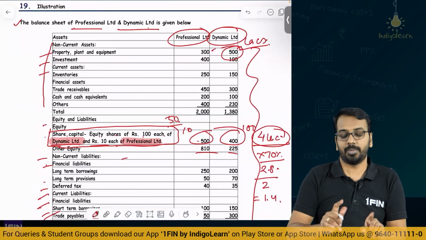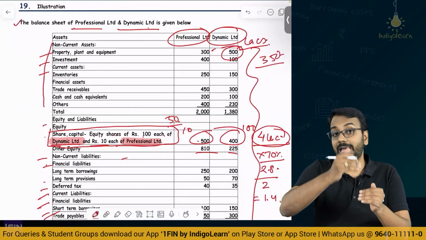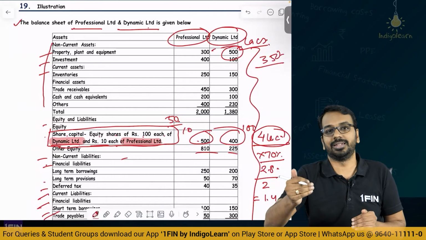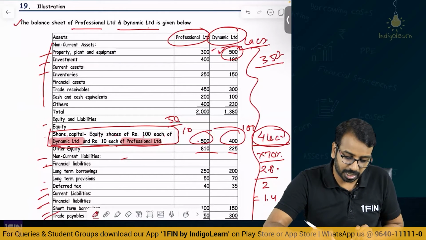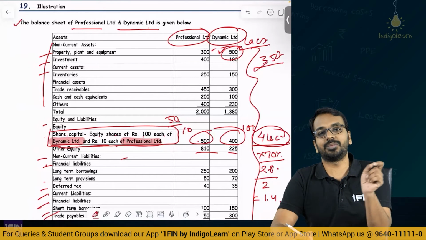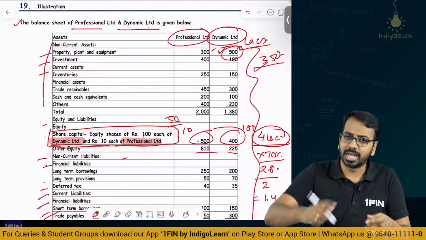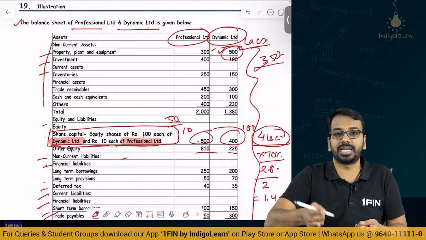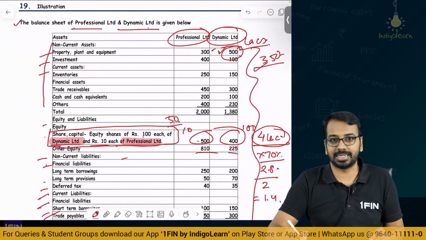So you have to keep that in mind, that from 500 it has come down to 350. My book value is less, my tax value has become higher, because tax will continue at 500 and asset in my books is now being shown at 350 only. Means what? I'll get more deduction in tax, which will create a deferred tax asset. So this will result in a deferred tax asset, right?